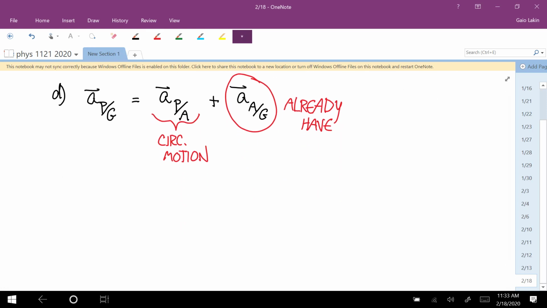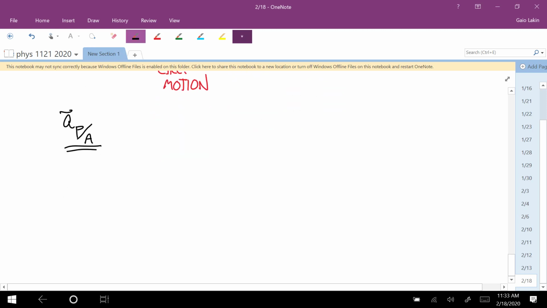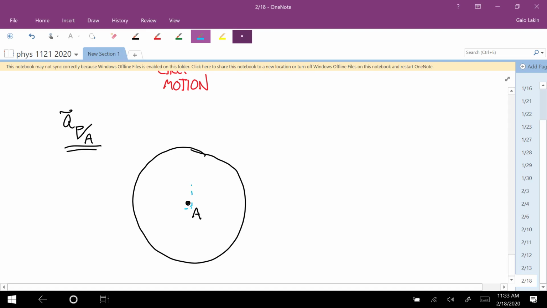So now we have to think about the acceleration of P relative to A. I'm going to draw that picture again. It's the same picture that I just had. So here's the point A, that's at the center. Here's that bar.